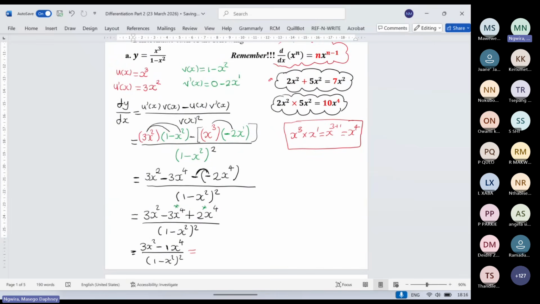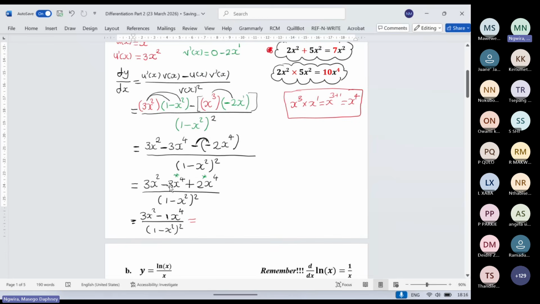You can only add the ones that have the same variable with the same exponent. So negative 3 plus 2 is 1. Do you understand? These two are like terms, both bananas, because they have x to the power of 4. So you just add negative 3 and positive 2. Minus 3 plus 2 is going to give you a negative 1 with the calculator.